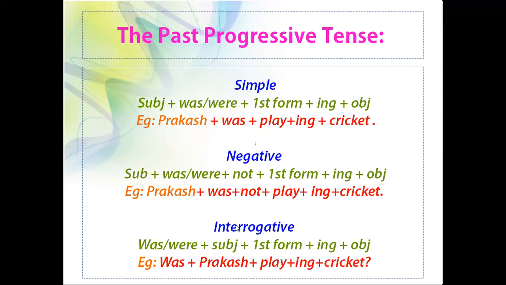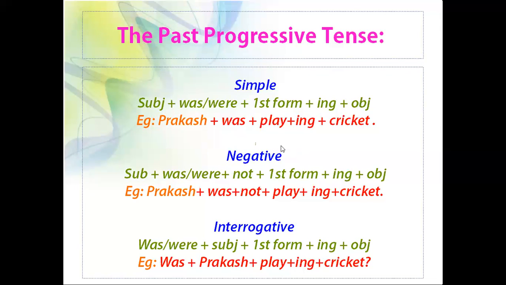So this is the structure of past progressive tense. In simple: subject plus was or were plus first form plus ing plus object. Example, Prakash was playing cricket.